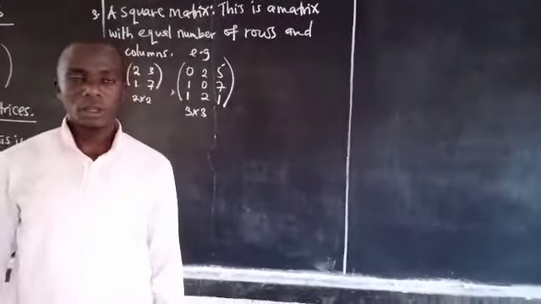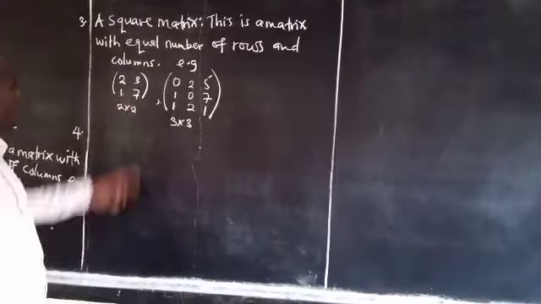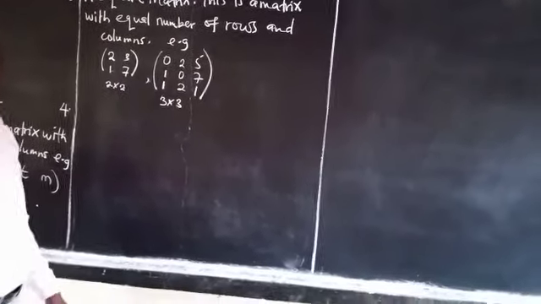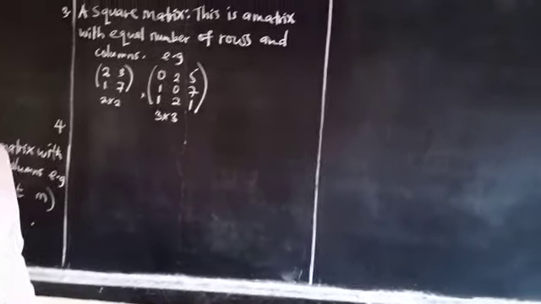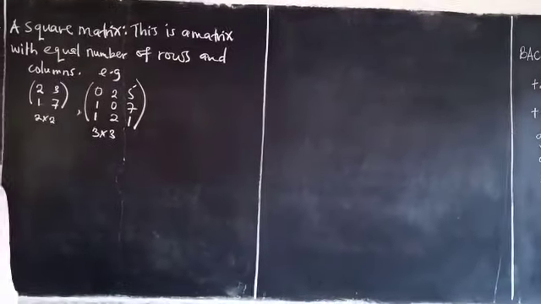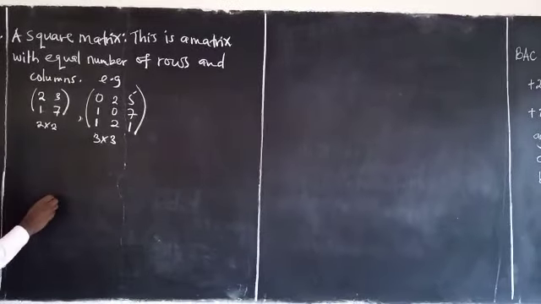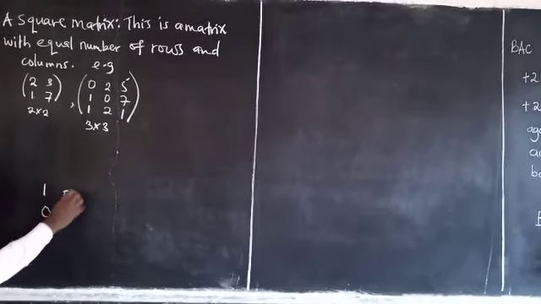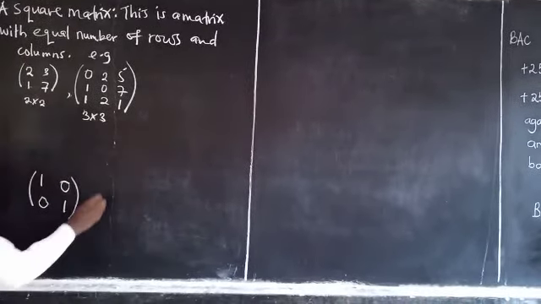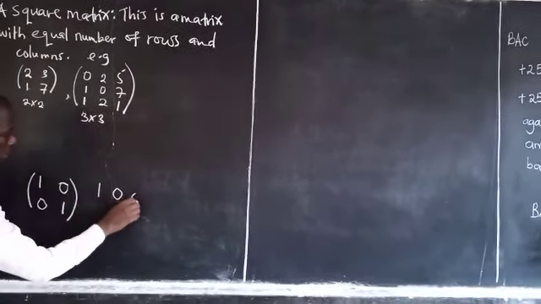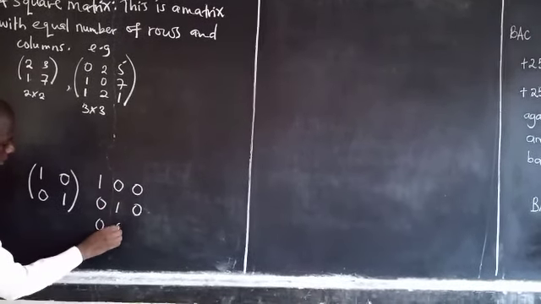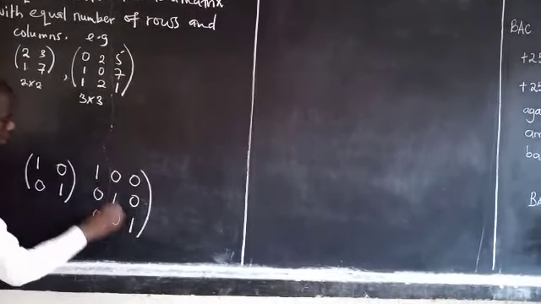Now, suppose we have a square matrix, but in a certain diagonal, what we call the major diagonal, all the elements are 1. Let's look at this.